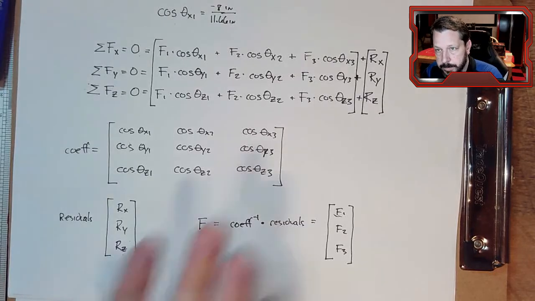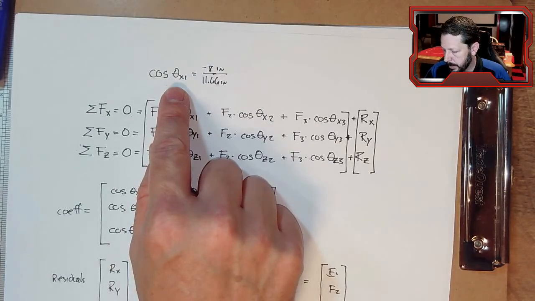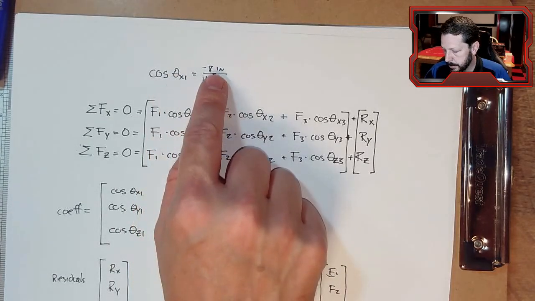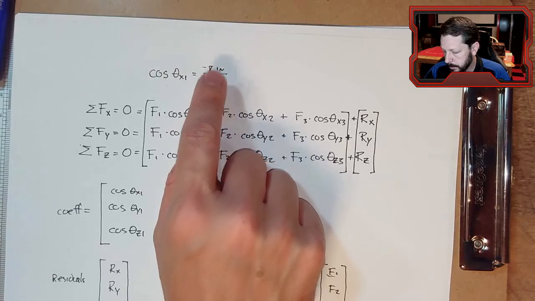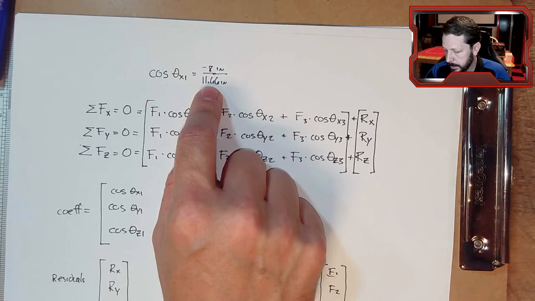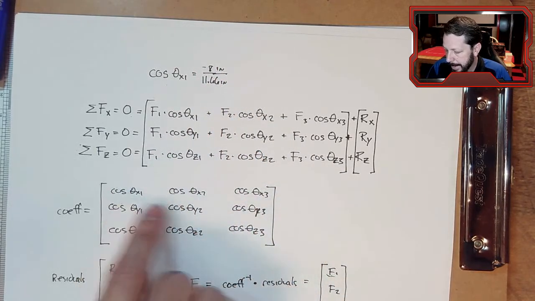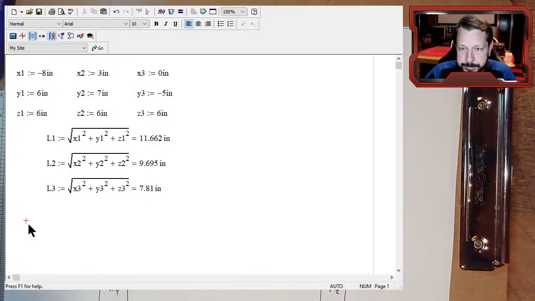But remember, we can evaluate every one of those cosines of some angle as the component over the hypotenuse, so the x component over the hypotenuse. So every one of these coefficients is a number, and we have all these numbers in MathCAD anyway. They're right here. We have all the x, y's, and z's, and we have all the hypotenuse numbers here.